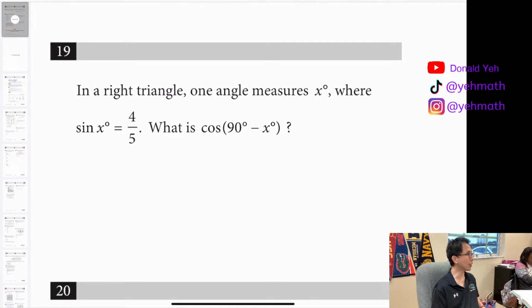This is the easiest hard question on the SAT. Do you know the answer? Do you need a calculator? You don't need a calculator. This is a non-calculator section. How many of you got an answer already? One person? Good. I need more than one person though.